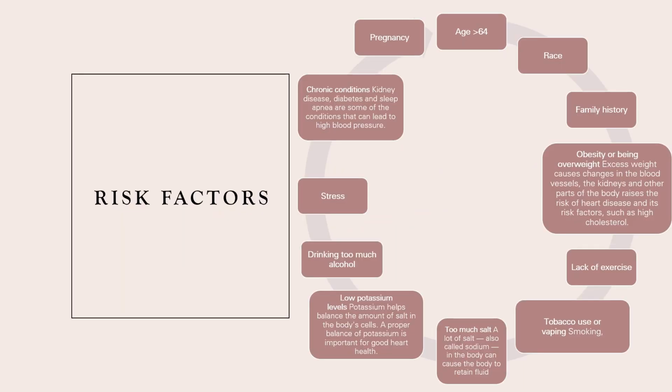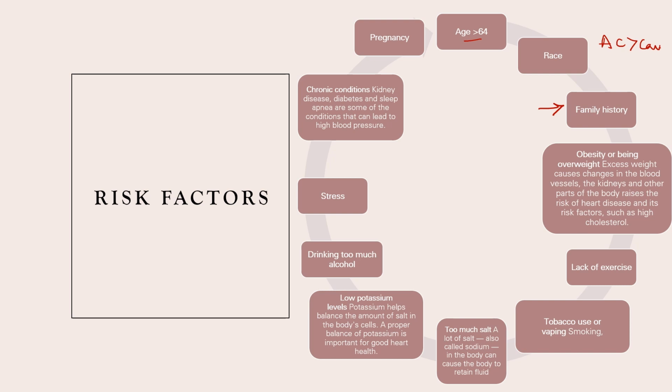There are a few risk factors that contribute to the development of hypertension. For example, age, race. Afro-Caribbeans are more likely to develop it as compared to the Caucasians, and they do so at an earlier age. If you have a family history of hypertension, you are more likely to develop it. Being obese or overweight is a very strong risk factor.